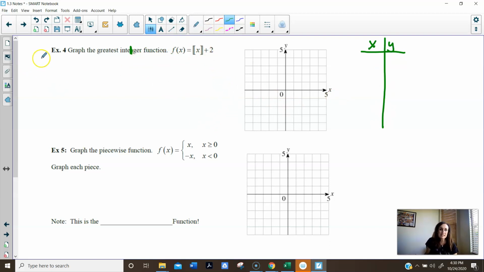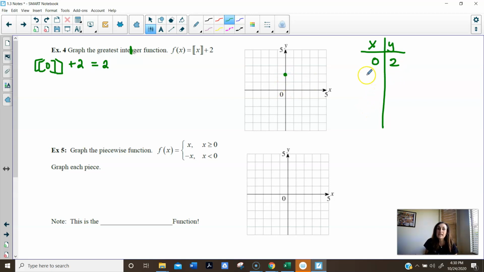So if I plug in 0, then the greatest integer of 0 is 0. So this would be 0 plus 2, which equals 2. So at 0, we're up 2.